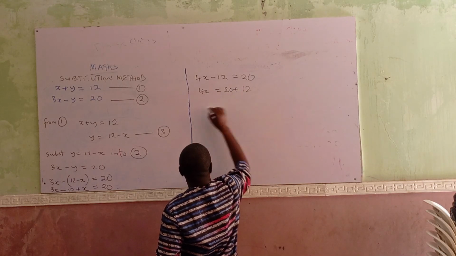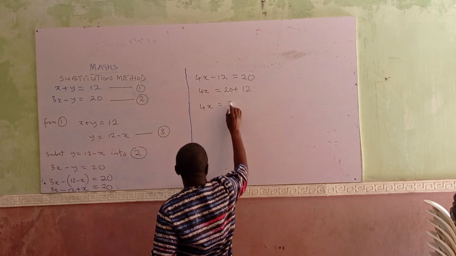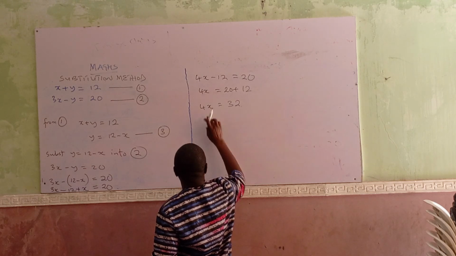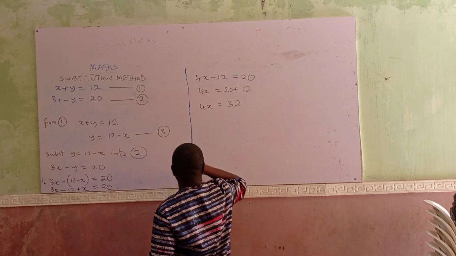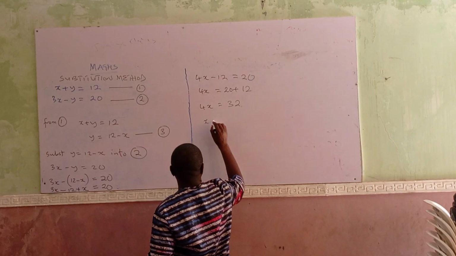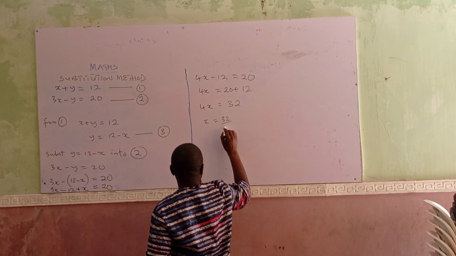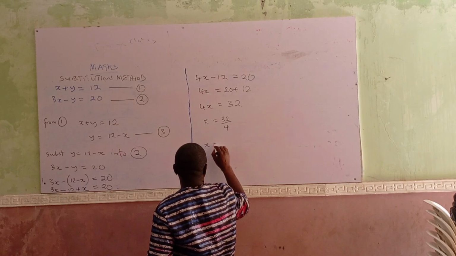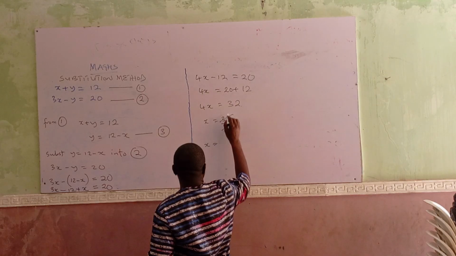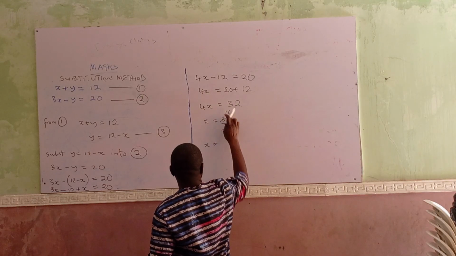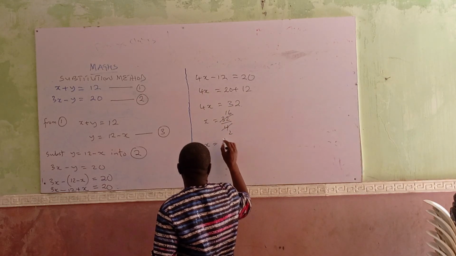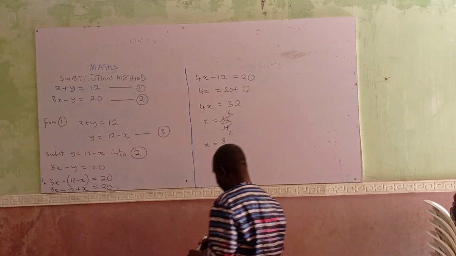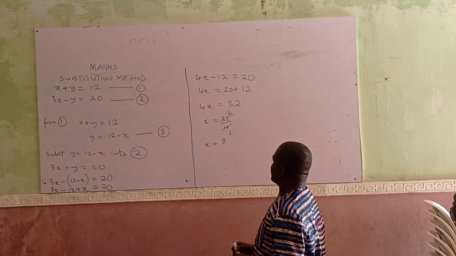So 4x is equal to 32. I'll divide both sides by the coefficient of x to find x. So x is equal to 32 over 4, which is 16 over 2, which is 8. That means the value of x is 8.